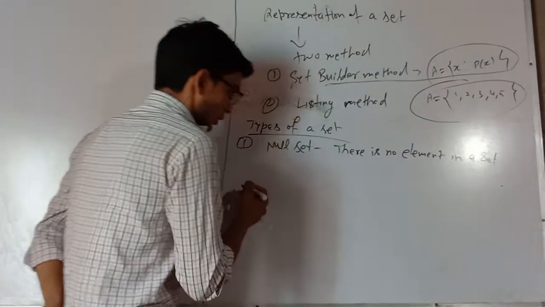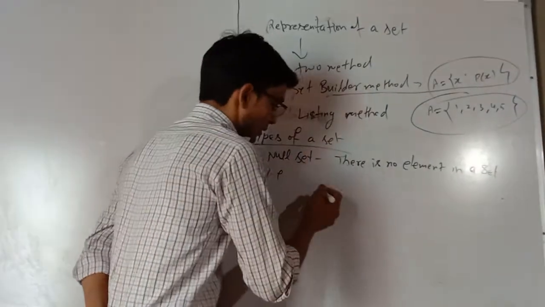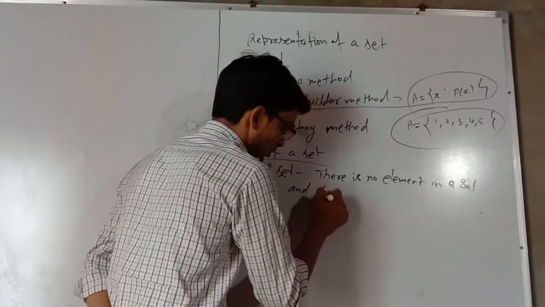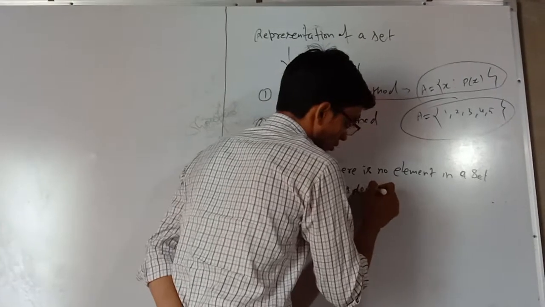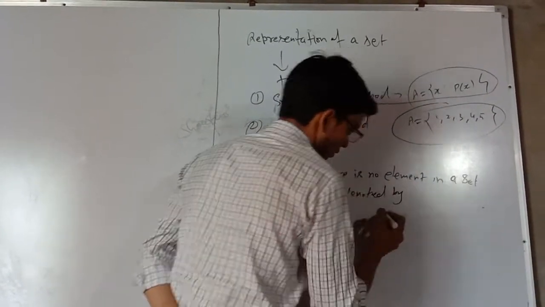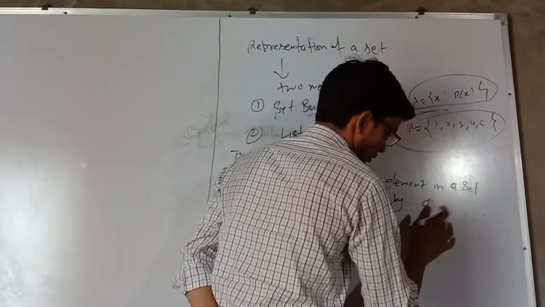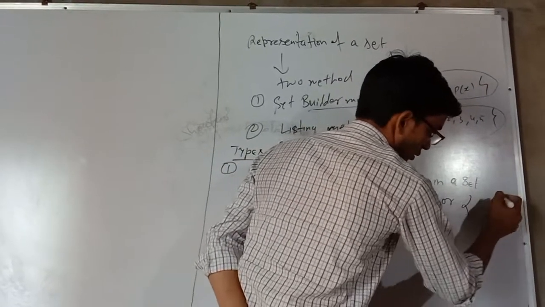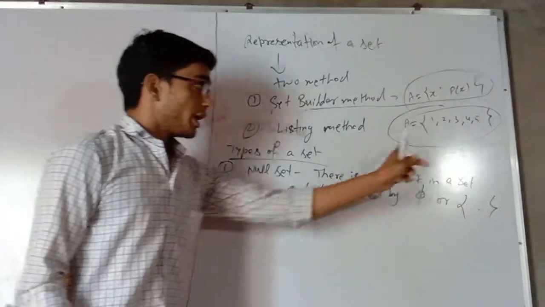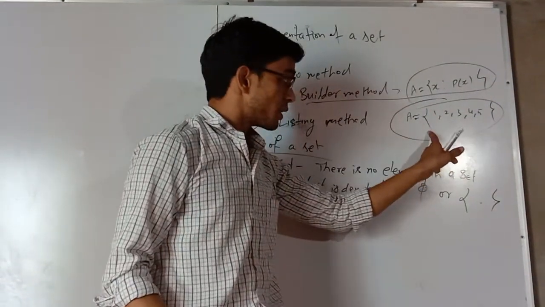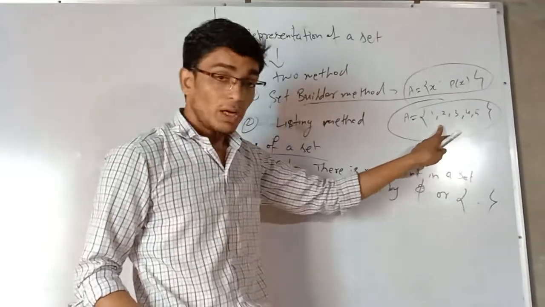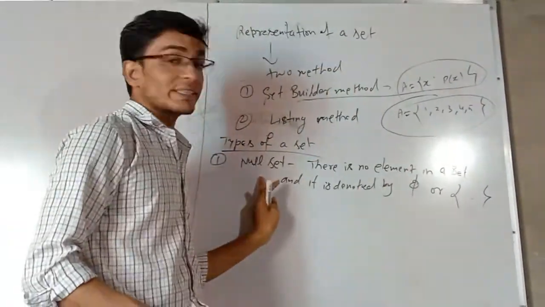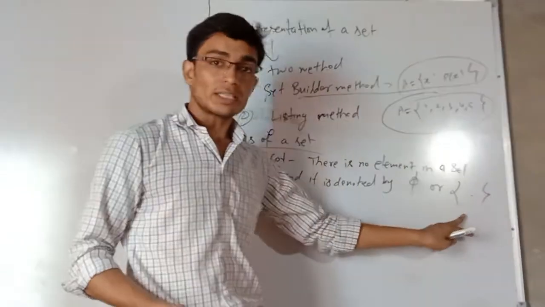It is denoted by the empty set symbol. Already we have taken a set where there are elements, but here there is no element. So therefore it is a null set. This is the representation of null set.